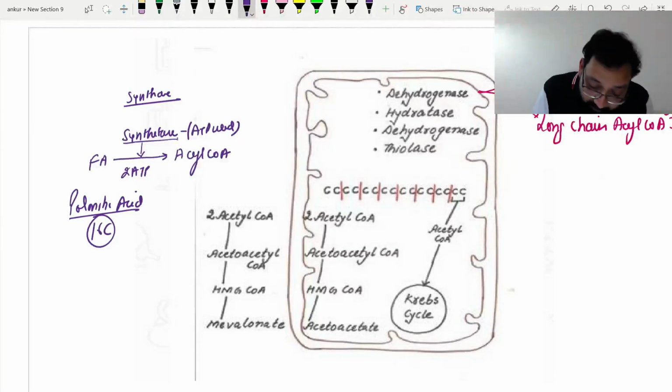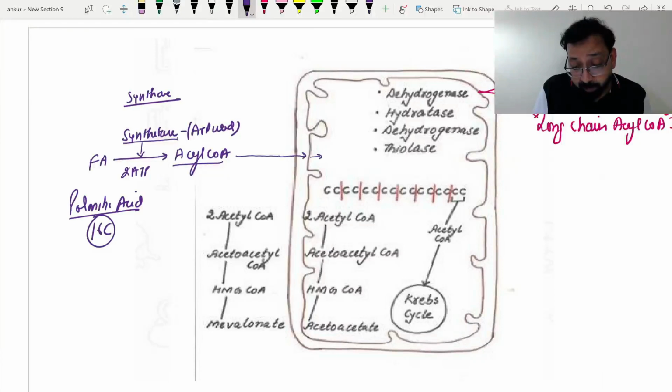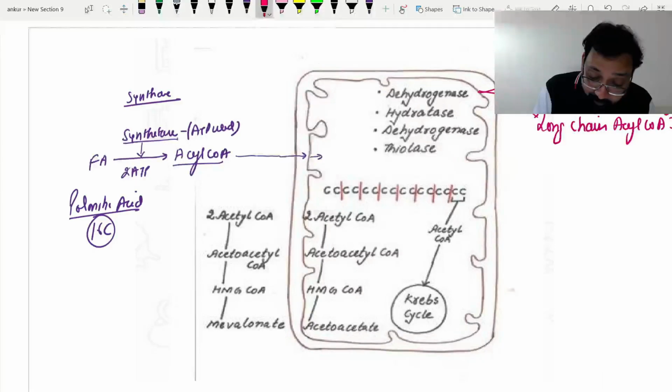Now acyl coenzyme A wants to enter the mitochondria, but you know the inner mitochondrial membrane doesn't allow a few compounds. In the same way, fatty acid will not be able to cross the inner mitochondrial membrane. It will take help of the car of James Bond, carnitine.